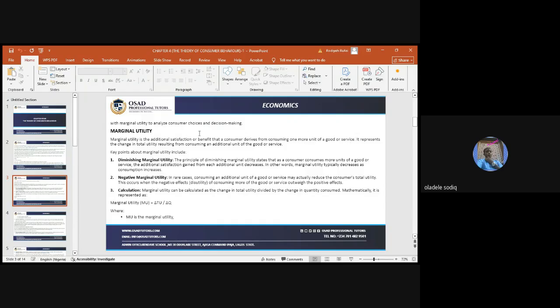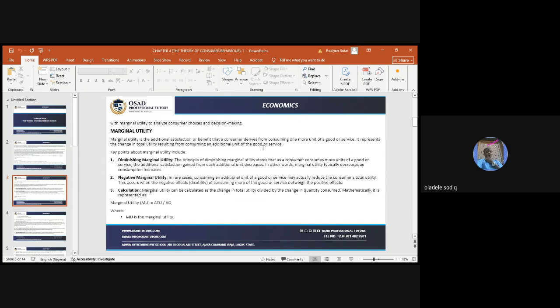It represents the change in total utility resulting from consuming an additional unit of goods or services. So that is what we classify as marginal utility. That is the change in total utility that results from taking an additional unit.